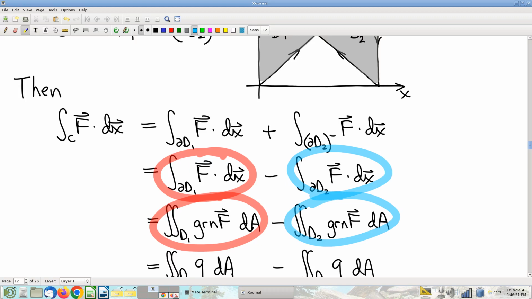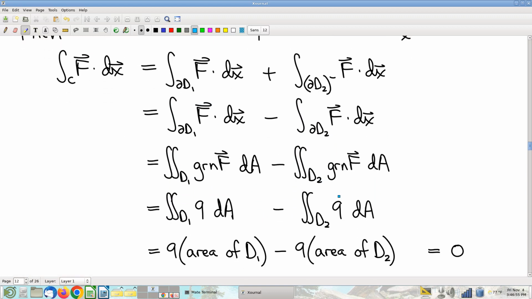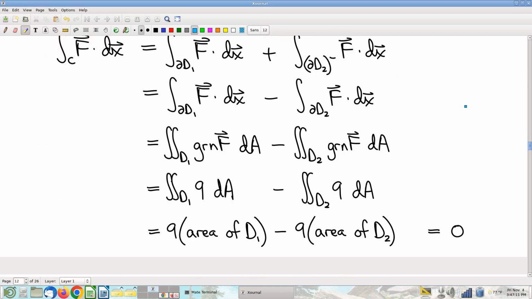Okay. A little bit of algebra shows what Green's operator is. Again, this computes from the original field. Here's our original vector field, and x partial of the second component minus y partial of the first component, and you compute that out, you get 9.